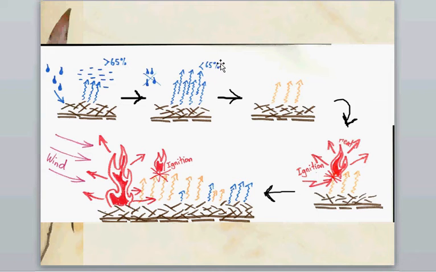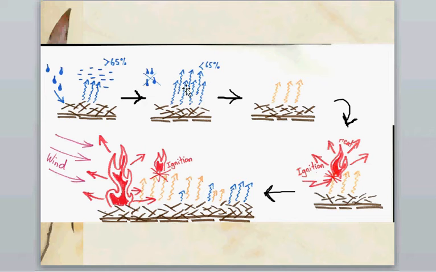But there may be a few days during the dry season in an intact forest when the humidity falls low enough and the leaf litter can dry out. So these blue squiggles indicate all the water being driven off that leaf litter.